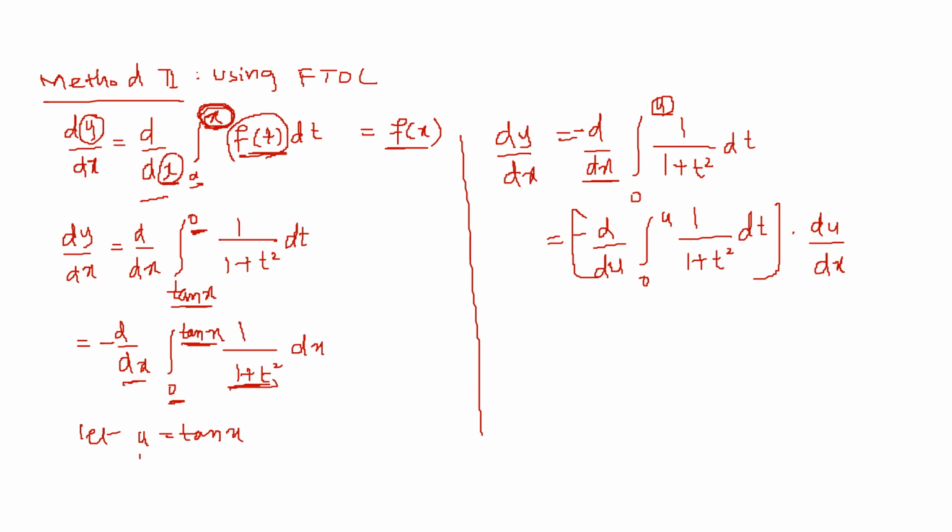Our u is tangent of x, so take the derivative of this function. This is du over dx equals the derivative of tangent x, which is secant square x. So put the value here.